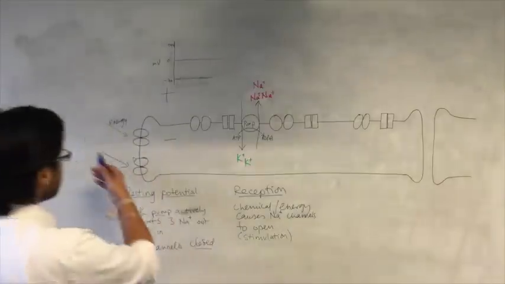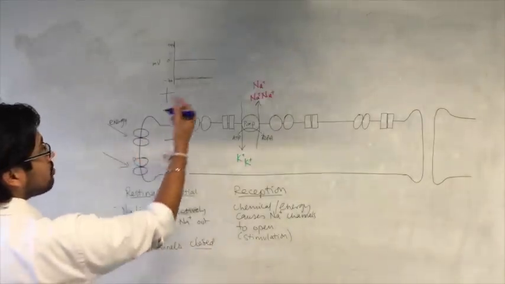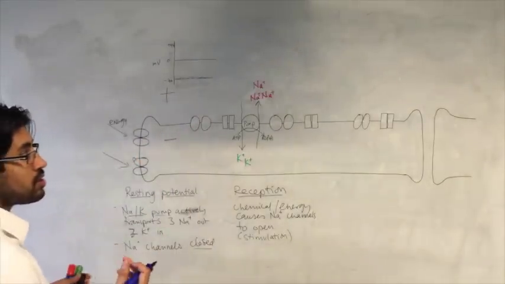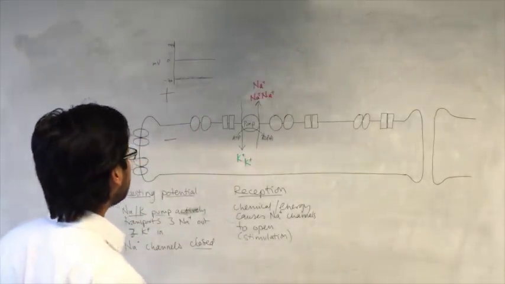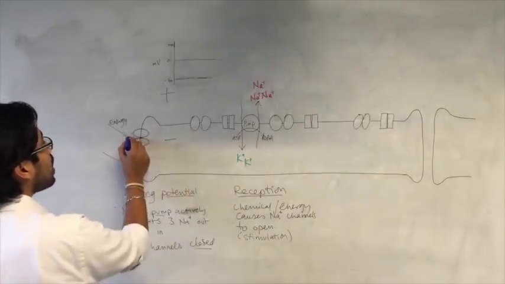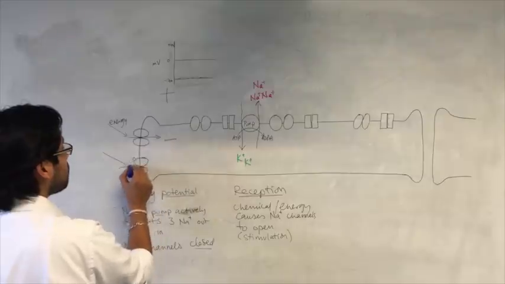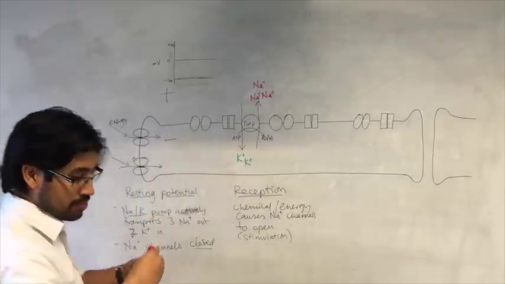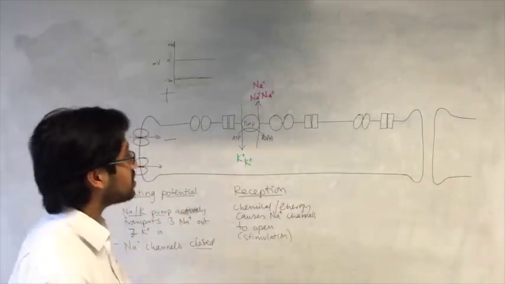So these channels open. Remember, there's already sodium outside, and there's a chemical gradient. So if these channels open, sodium will come in. The sodium rushes in, down its concentration gradient.